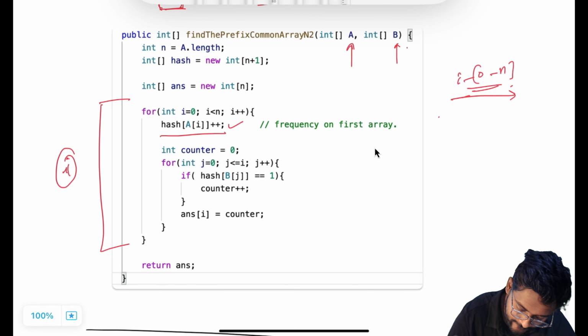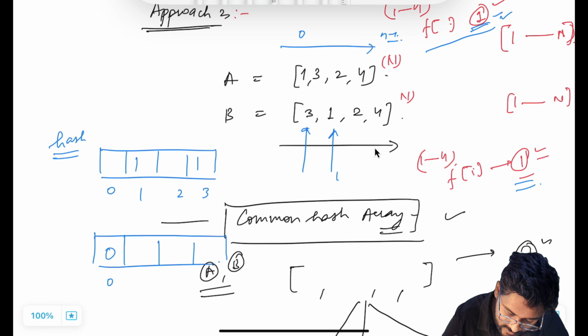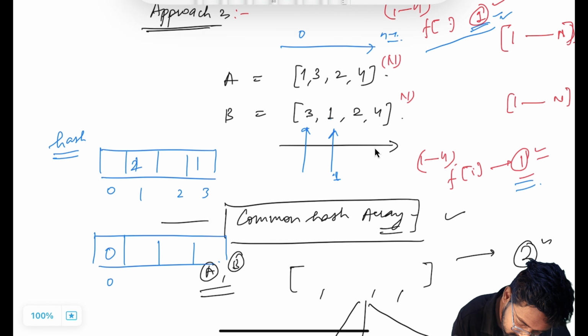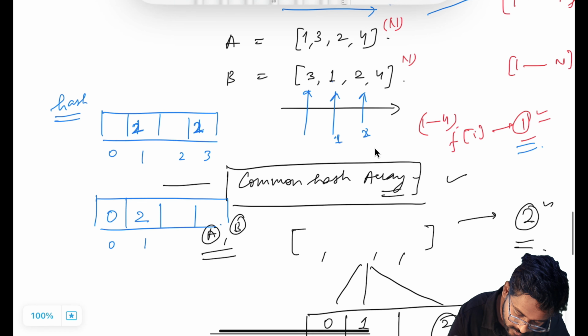Okay, let's move ahead to index 1. At index 1, the frequency of 1 has become 2 and the frequency of 3 has become 2. How many frequencies equal to 2 have we encountered so far? Till index 1, we have encountered two. When i is equal to 2, the frequency of 2 is increased twice, so 2 has become 2.